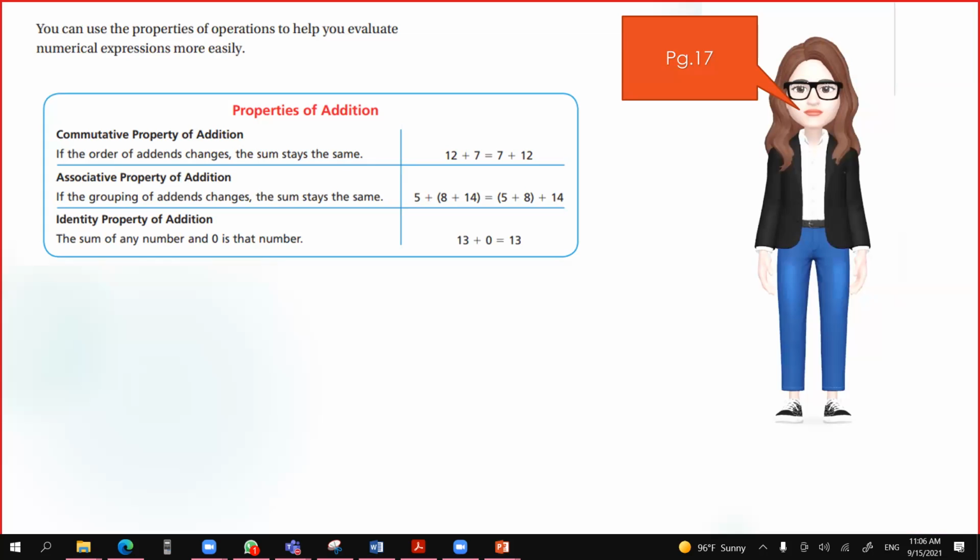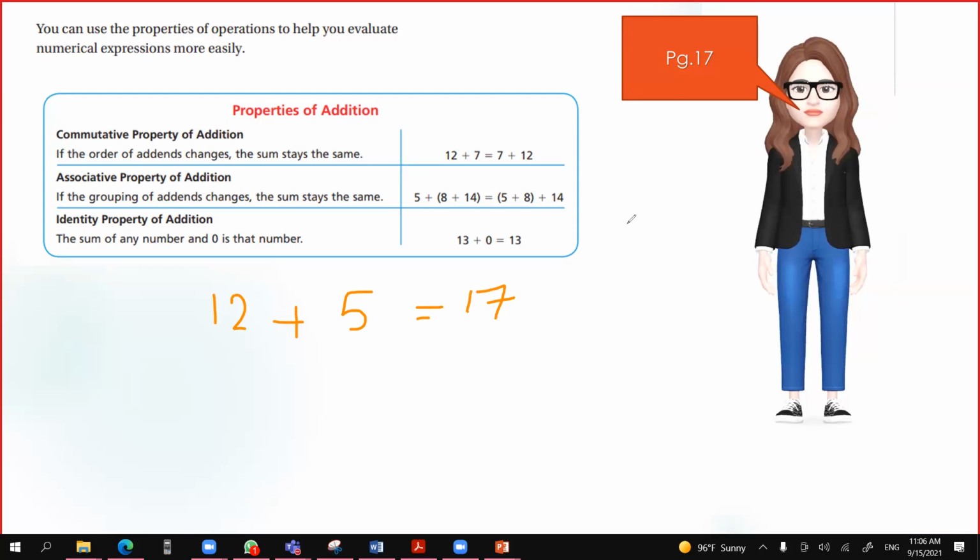Let's start now with the commutative property. Commutative property means, if you have 2 numbers, like 12 and 5, and if you add them, the answer is 17.